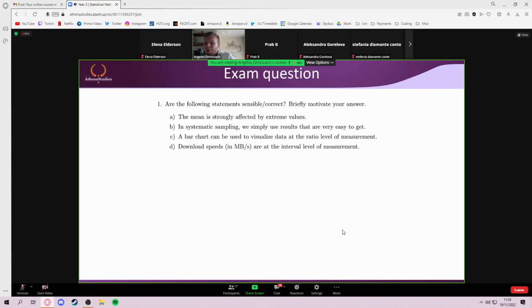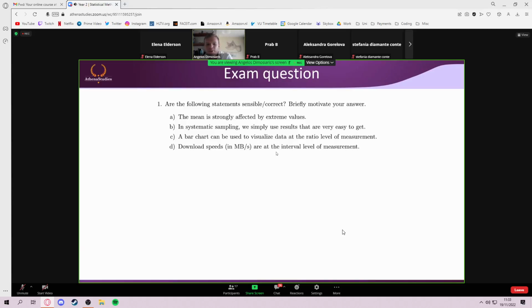I would say that a histogram is more appropriate, to be honest, because the histogram is really good for interval and ratio variables. So I would prefer to do a histogram.